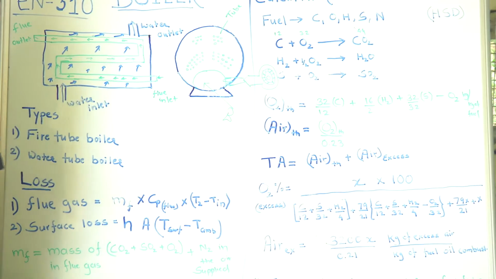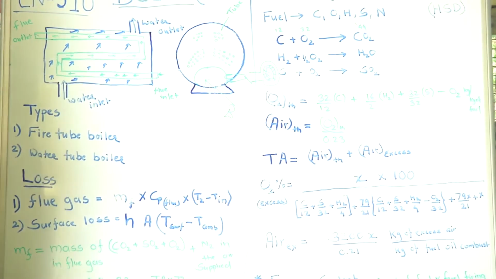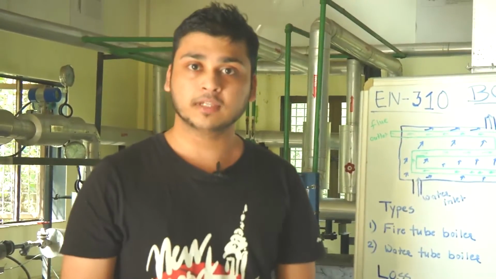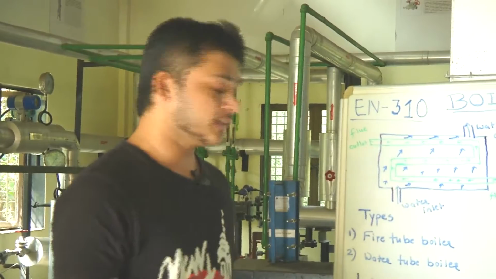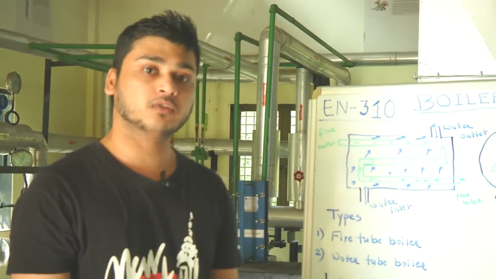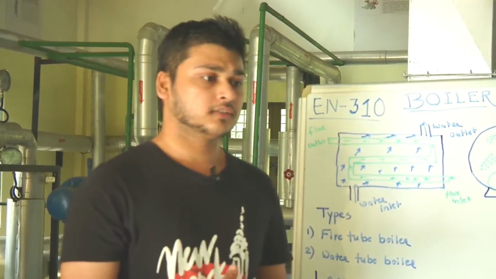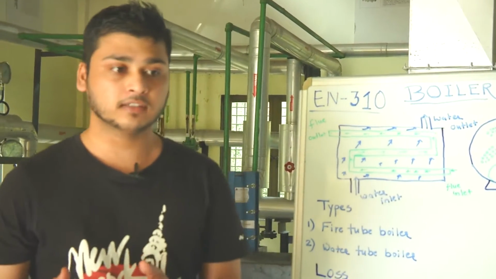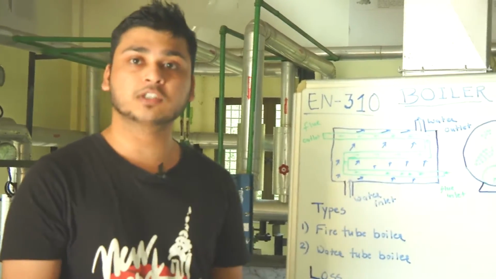There are two types of boiler, fire tube boiler and water tube boiler. If the flue gases or fire are in the tube, we call it a fire tube boiler, and if water is in the tube, we call it a water tube boiler. The application of the fire tube boiler is limited, like if our capacity is small, then we can use the fire tube boiler.